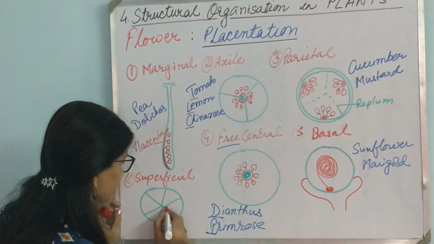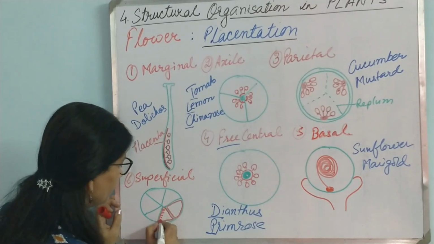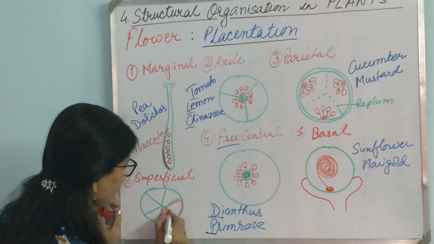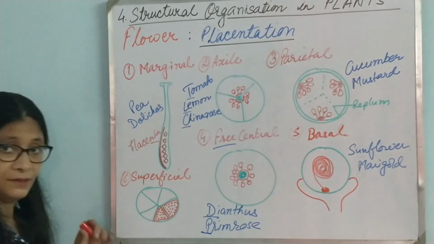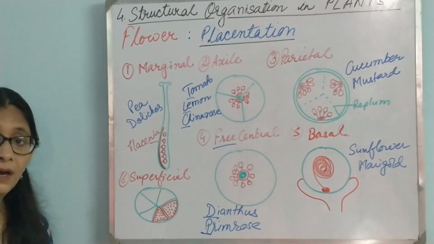The placenta is there all around the septum. So it gives rise to many ovules. All the ovules are just lying like that. This condition is known as superficial, and it is found in nymphaea.